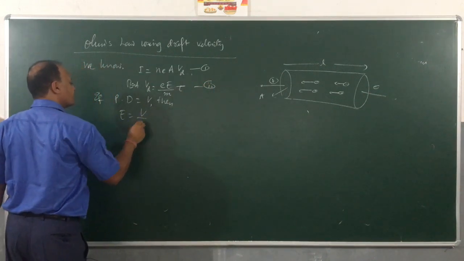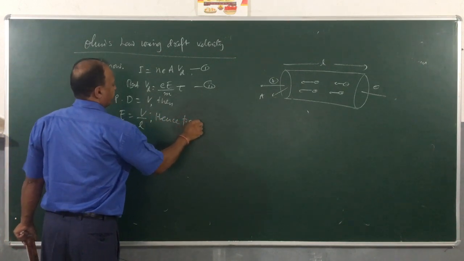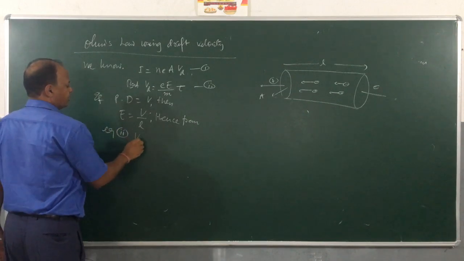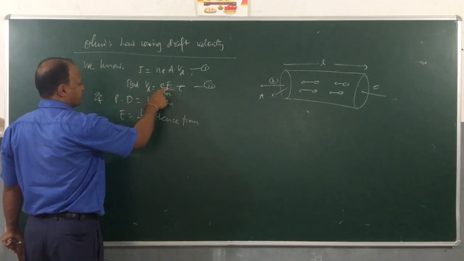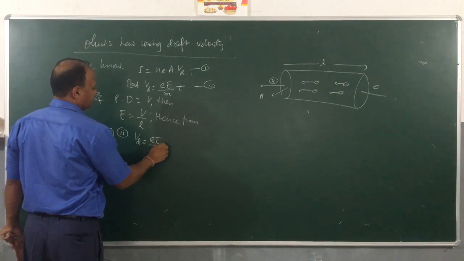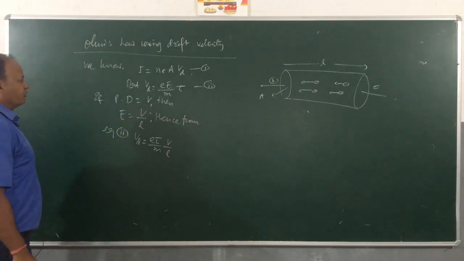Therefore, hence from equation 2, Vd is equal to, I will replace E tau by m into V by L. I got the value of Vd.